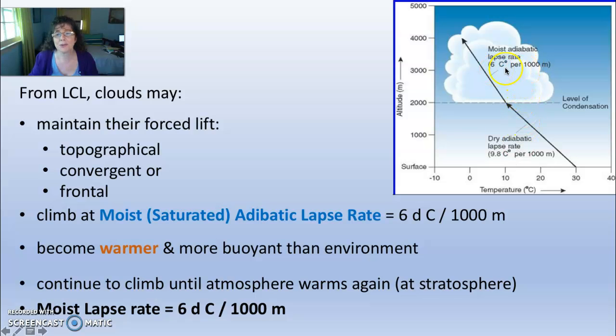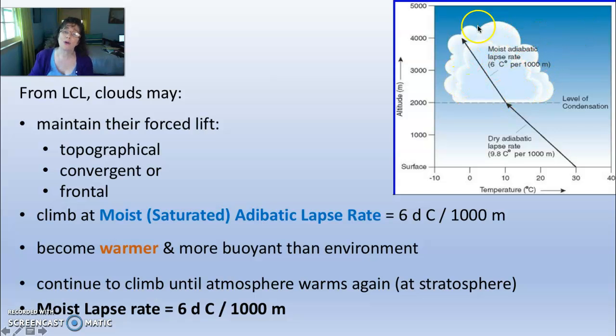This is a lapse rate that loses warmth more slowly than the dry adiabatic lapse rate. The cloud can become warmer than the environment because the cloud loses warmth more slowly.